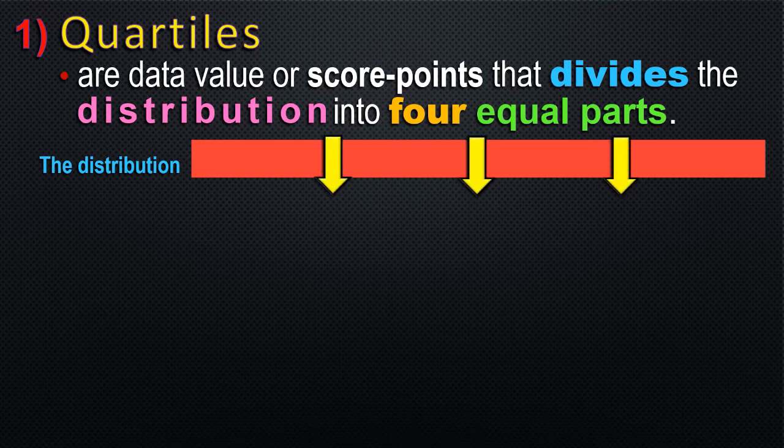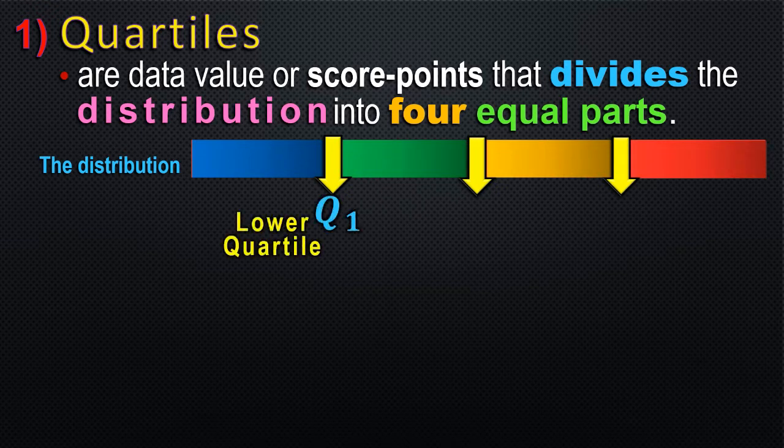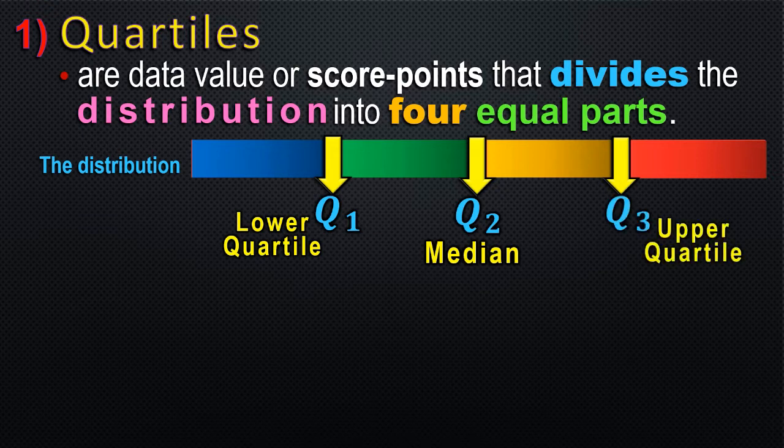It is divided into 4 equal parts. So we have the first quartile, or what we call the lower quartile. Next, we have the median or quartile 2, and the upper quartile, which is quartile 3.